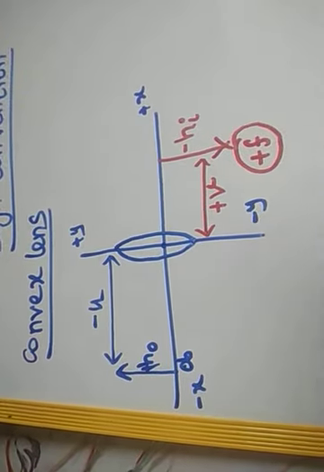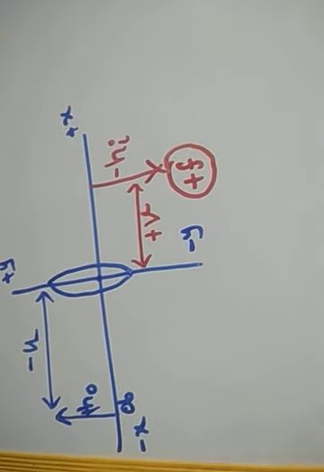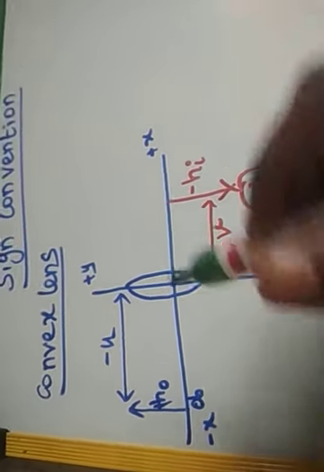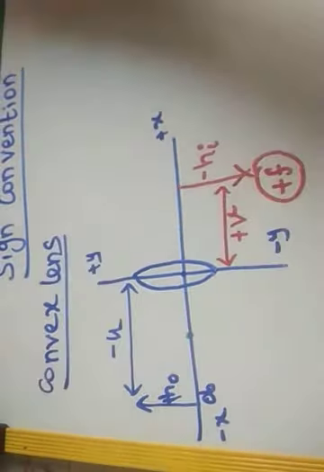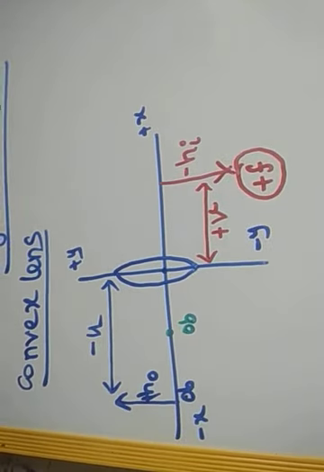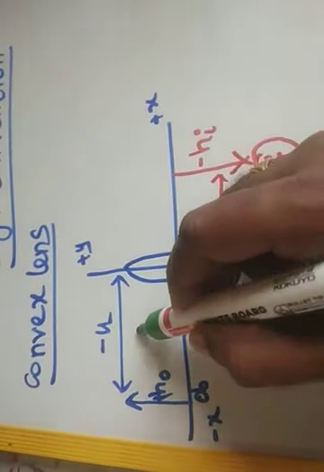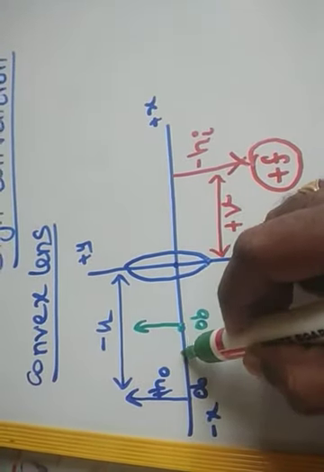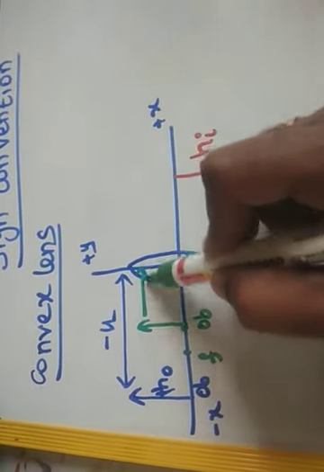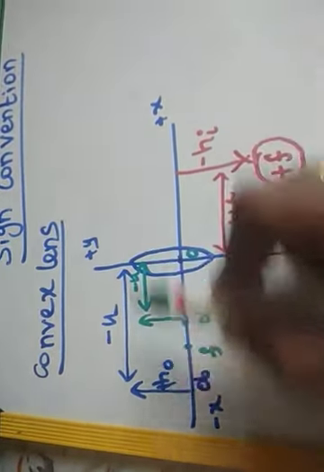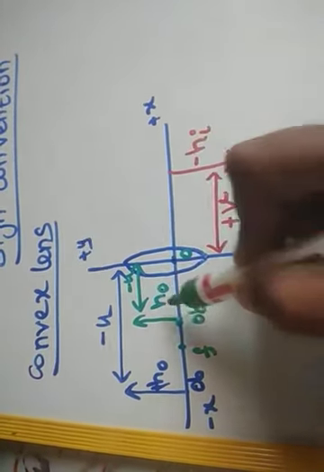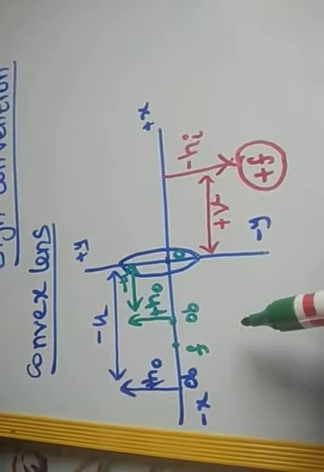But the convex lens also has an exception case, if the object is placed between F and O. This is the focus F, this is the optic center O. The object distance is minus u because it is on the negative x-axis, and this h is h naught, the object height, which is on the positive y-axis.